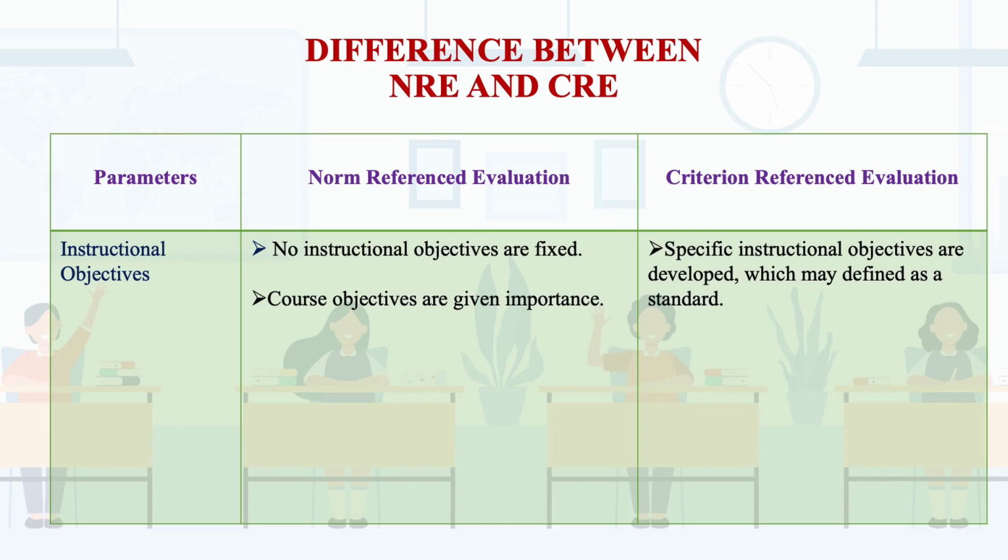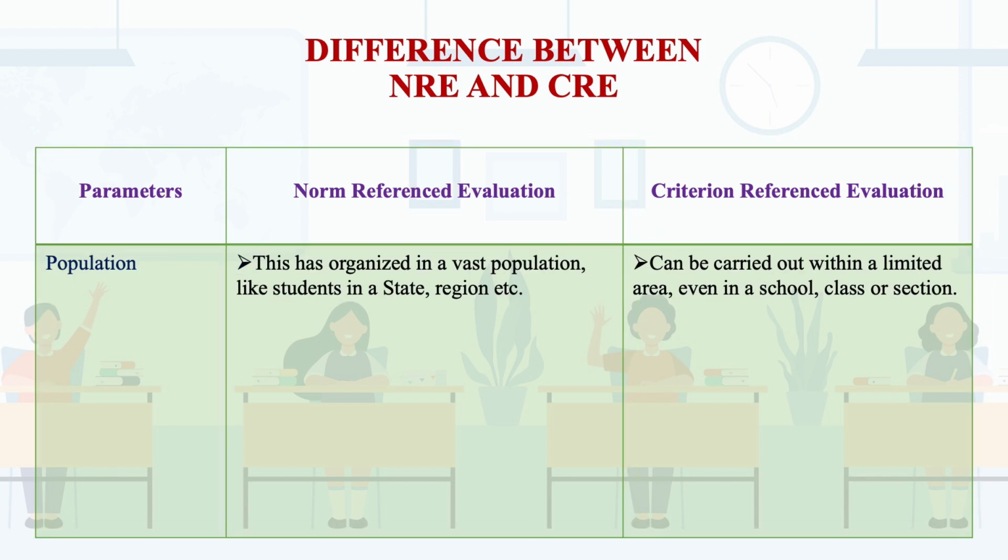So try to understand that you have to construct instructional objectives for the criterion-referenced test, because instructional objectives will be related with the specific content. And so far as population is concerned, norm-referenced evaluation is conducted taking a vast, huge population, whereas criterion-referenced evaluation is conducted taking the students the teachers are directly dealing with.